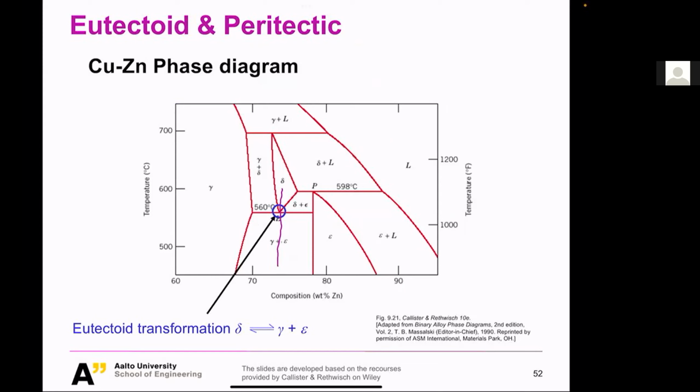Because if you cool it down, this delta solid solution will be decomposed into two solid solutions, gamma and epsilon. The reaction is written like this. Of course, if you go backwards, you heat up the solid solutions of gamma and epsilon, of course in a specific composition region, and it will become delta.